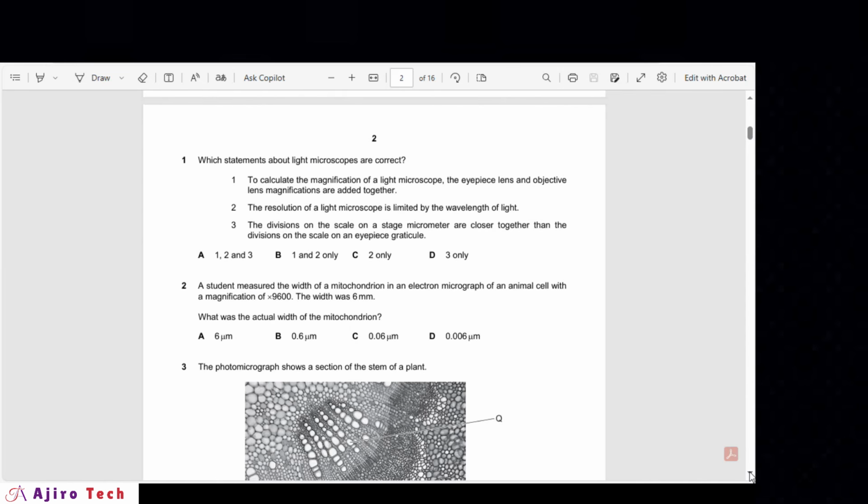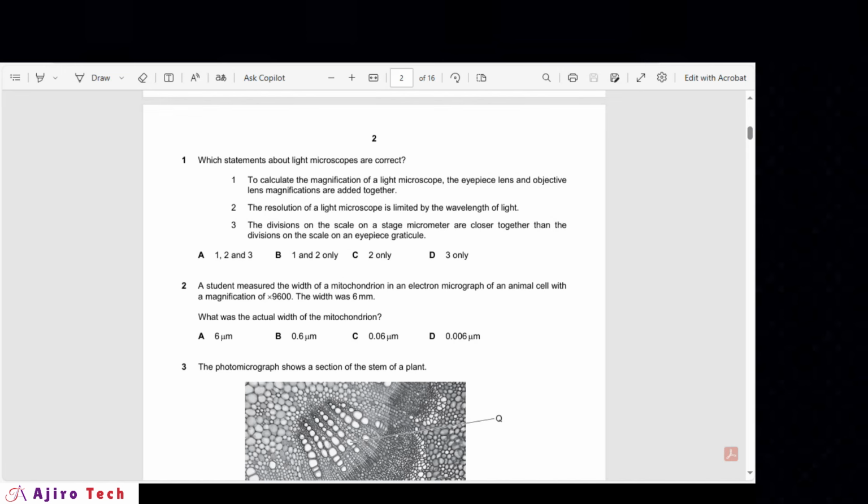The first question says, which statement about light microscopes is correct? To calculate the magnification of a light microscope, the eyepiece lens and the objective lens magnification are added together?